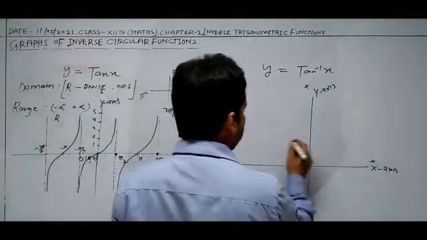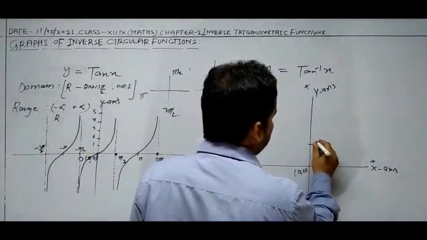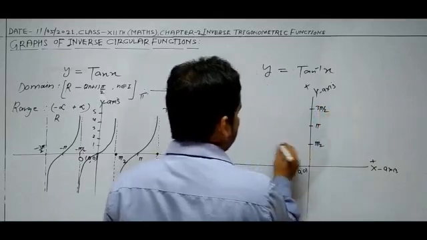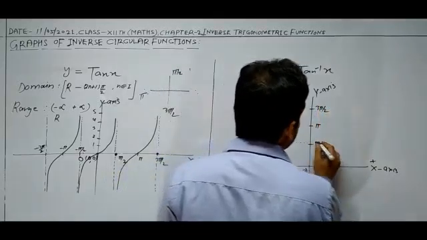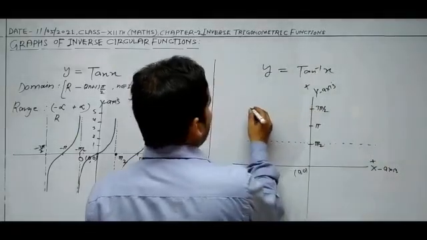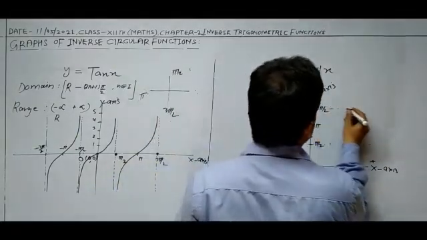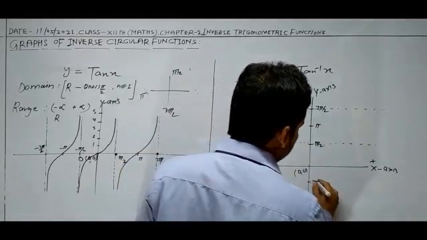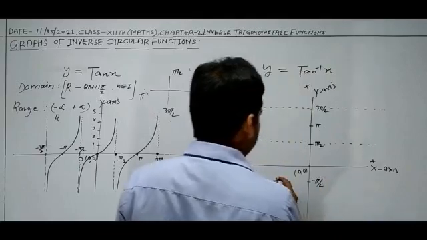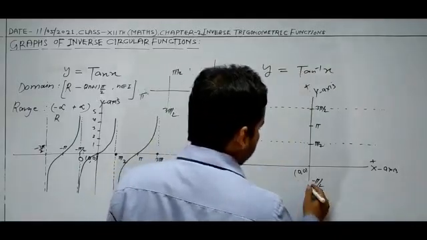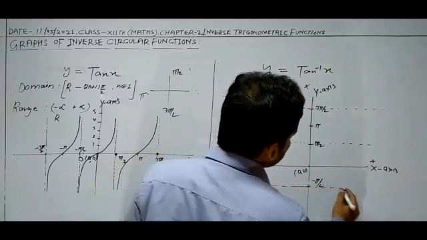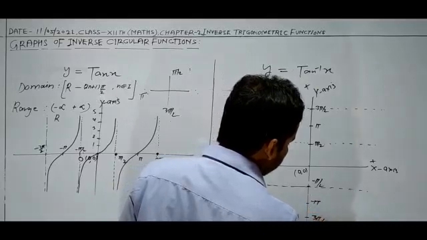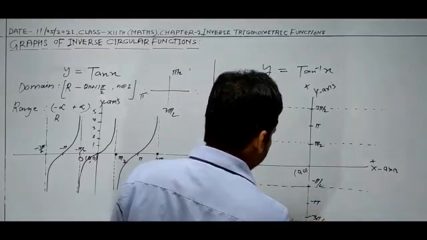Now see 0, pi by 2, pi, 3 pi by 2. At pi by 2 there is a line parallel to the y-axis, at multiples of pi by 2, at minus pi by 2, at minus pi, minus 3 pi by 2.